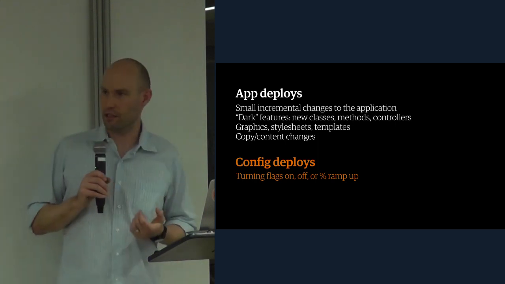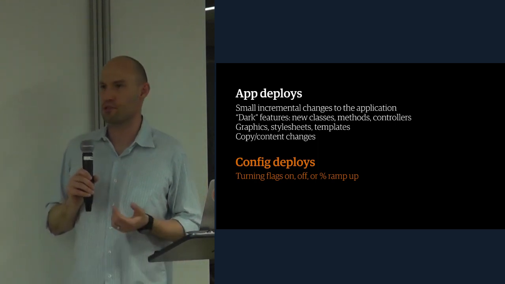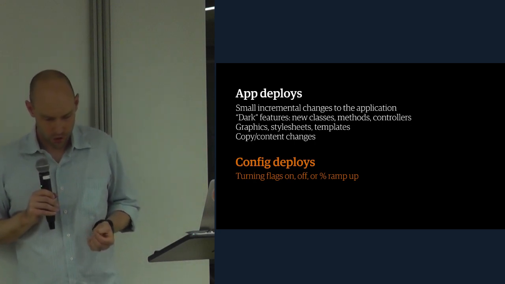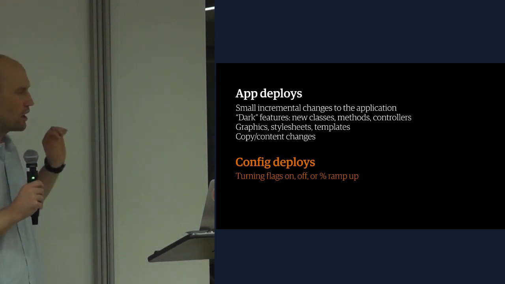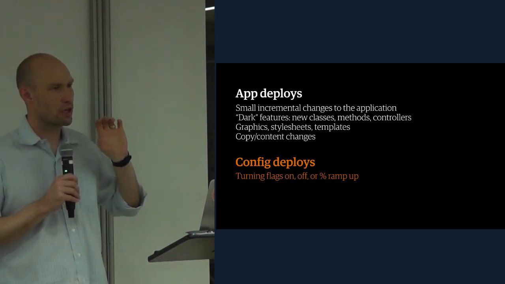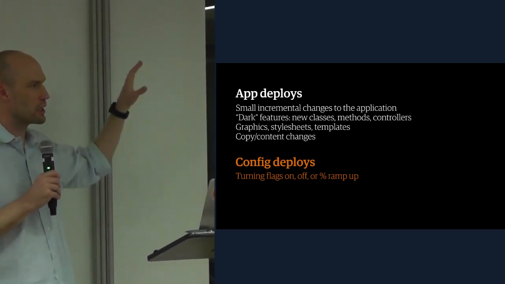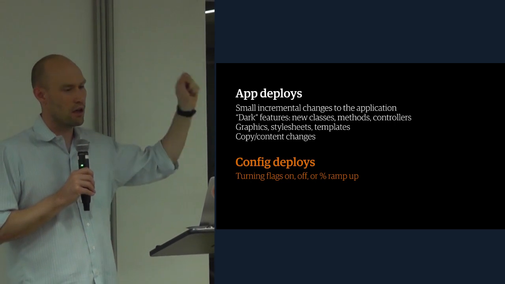So I just want to mention, why would you want to do deployments so frequently? We do continuous deployment, particularly so that we can get code from a developer's hands or mind into production very, very rapidly.